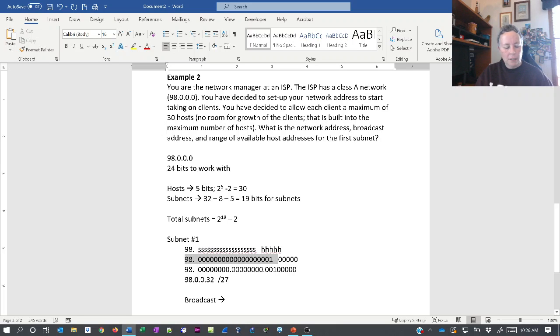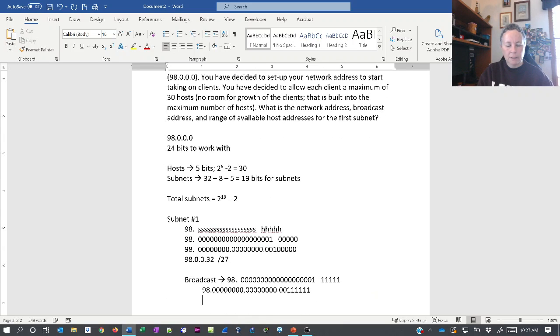For the broadcast address, again, we want to take the same thing: my 1 in 19 bits, except my host bits are all 1s. I convert to octets, then to decimal, and I use the /27.